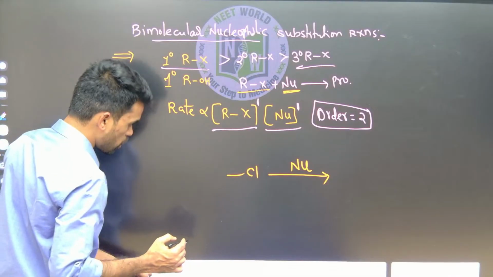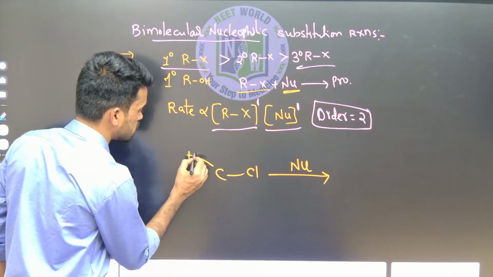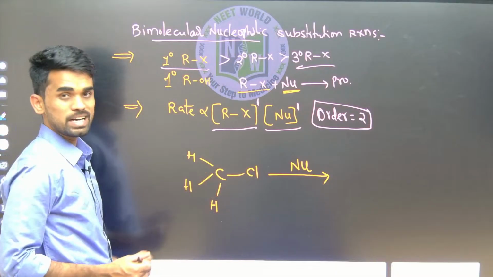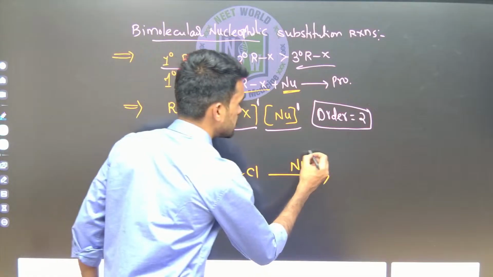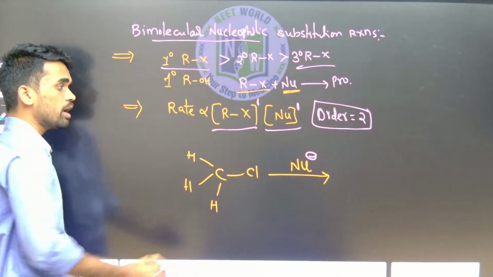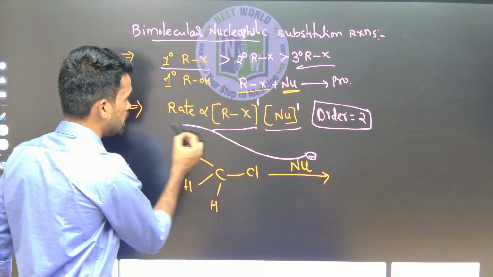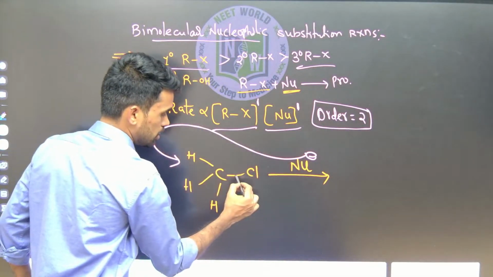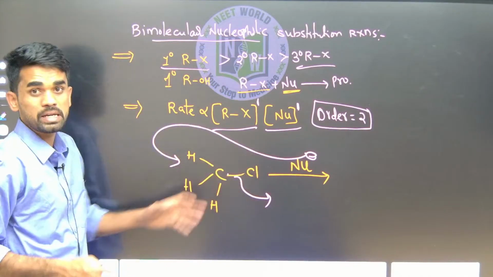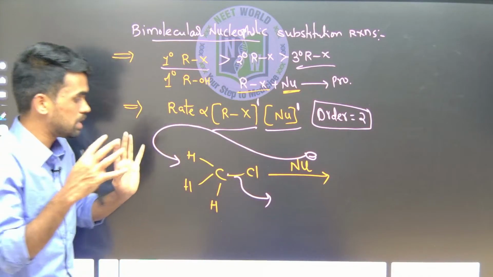So you can write 3 hydrogens in this way, giving an sp3 tetrahedral geometry. Now, this is the incoming nucleophile and the chloride ion is the leaving group. The attack of the nucleophile and the departure of the leaving group happen simultaneously, at the same time.